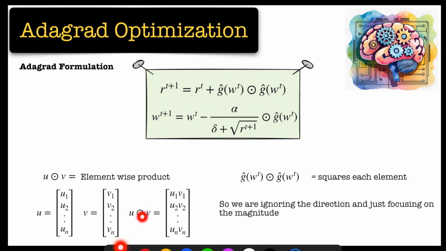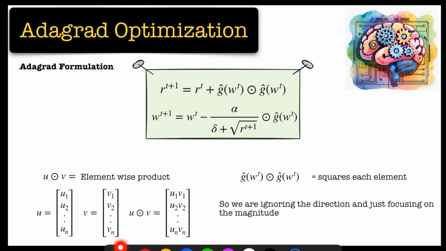The element-wise product of U and V will be U1V1, U2V2 till UnVn. So if you compute g hat Wt dot g hat Wt, it basically squares each element. We are computing the product with itself, so we are ignoring the direction and just focusing on the magnitude.